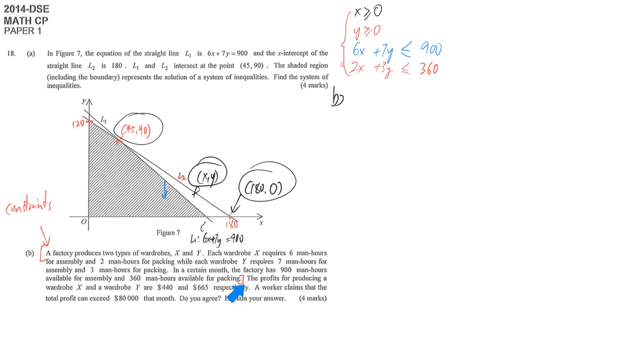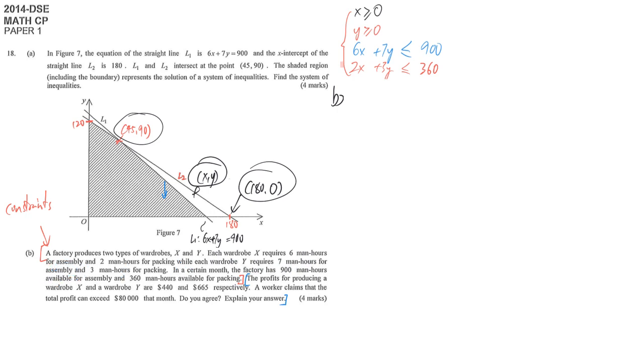Anyway, after you find all the feasible points, then we are going to find out the profit at each feasible point. And then we are going to find out whether the profit can reach this certain amount. There are two parts. When we analyze the constraint, there are two limitations.